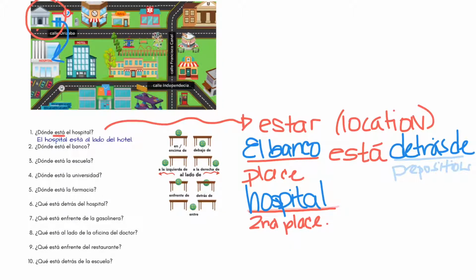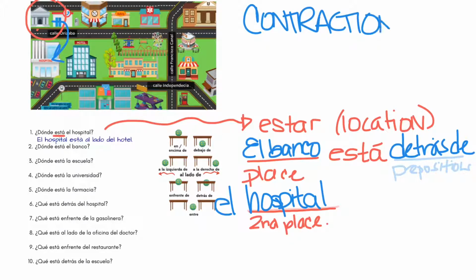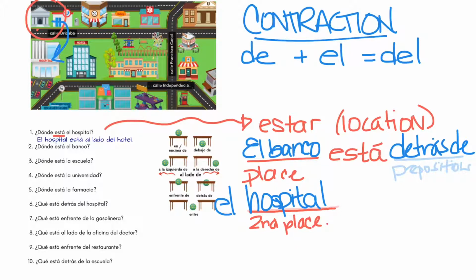Now, normally I would put el hospital, but I'm going to have a contraction here. There's only 2 contractions in the Spanish language. A contraction is when you combine 2 words like can't, wouldn't, shouldn't, couldn't, mustn't. Well, there's only 2 of them, but we're going to see one a lot here because de and el will become del. We're going to see them a lot because most of these prepositions end with de.